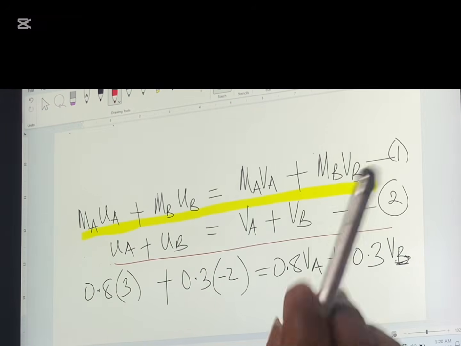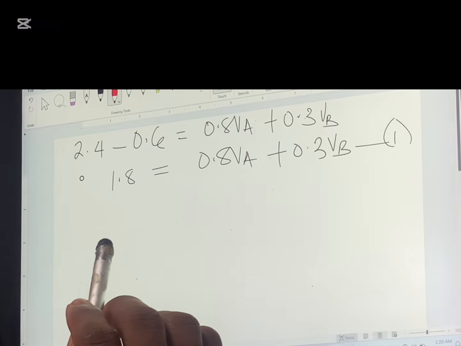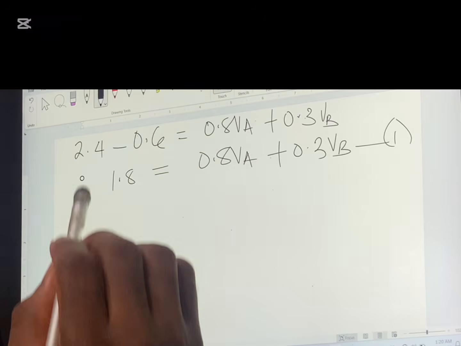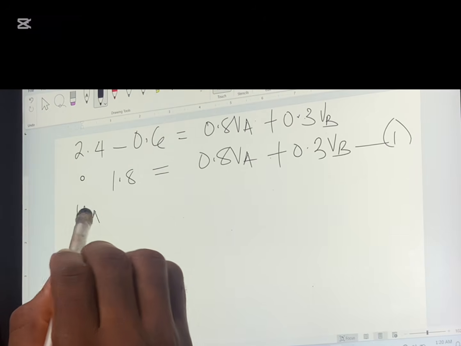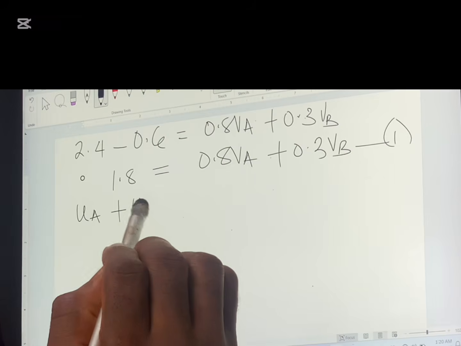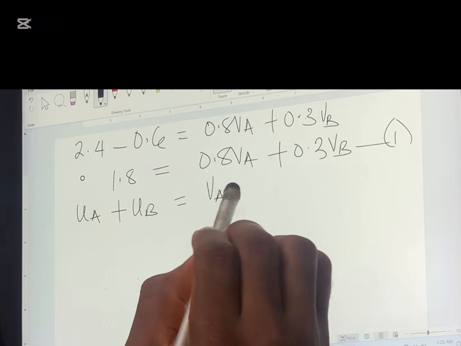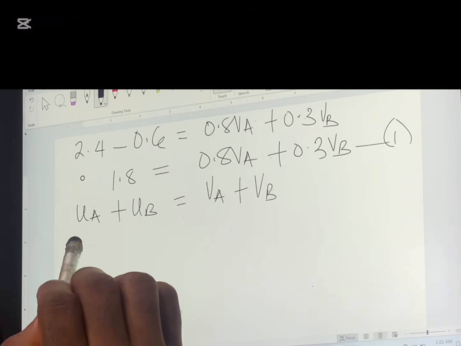When you do that, we have ua plus ub equal to va plus vb.